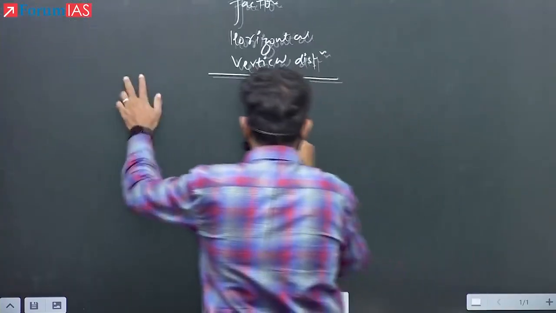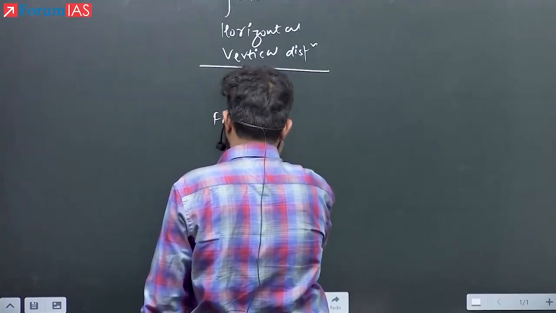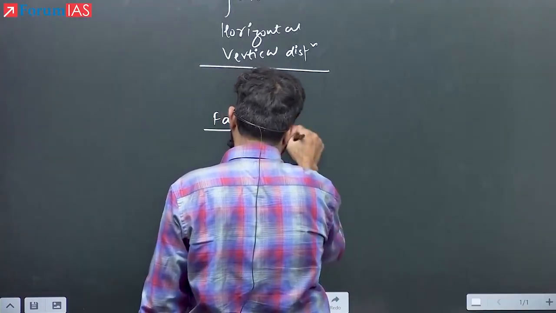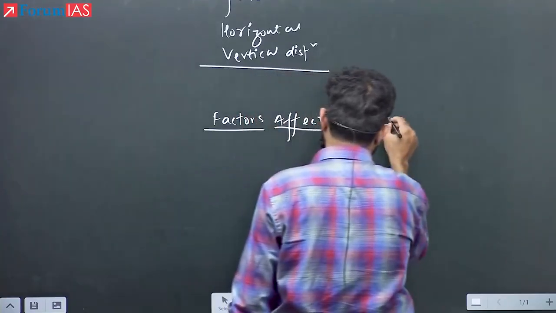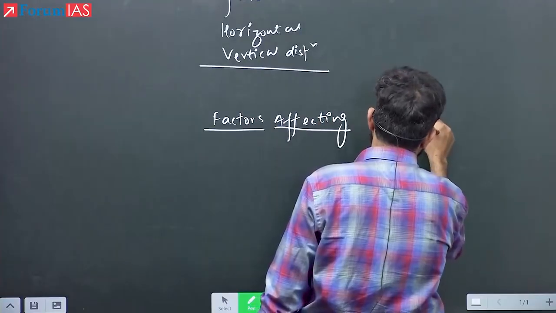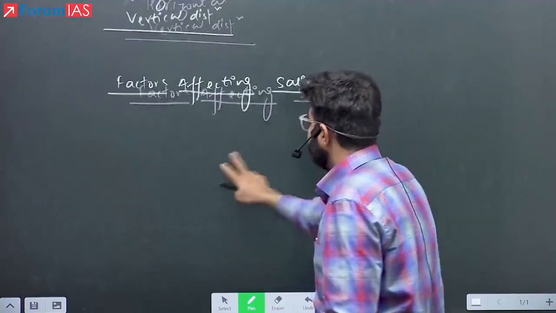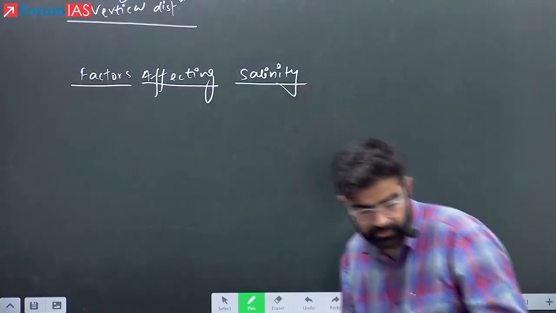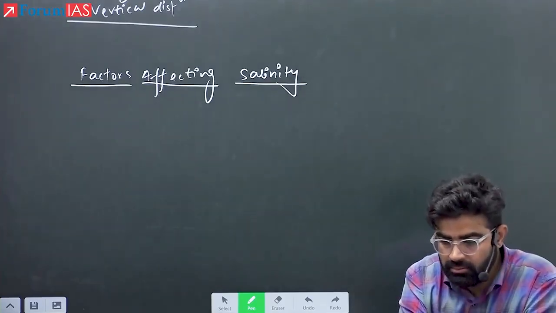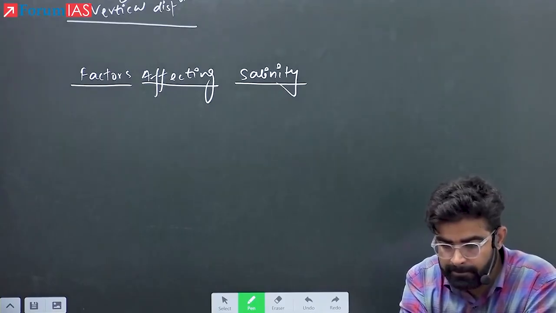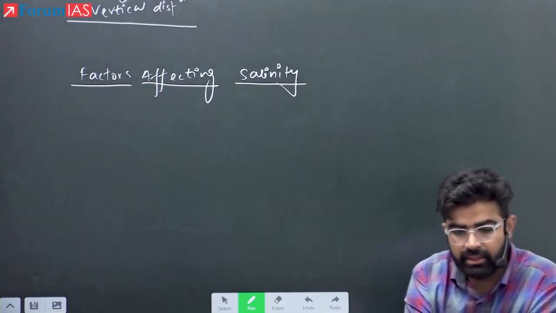So first is factors. Factors affecting salinity, the first one. Number one, write down the factors.